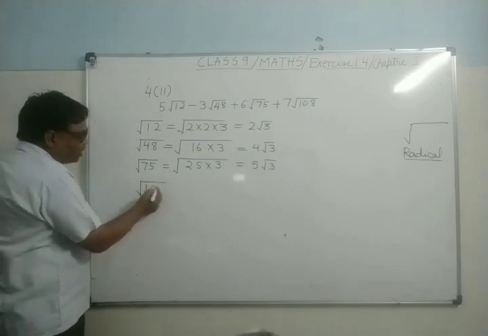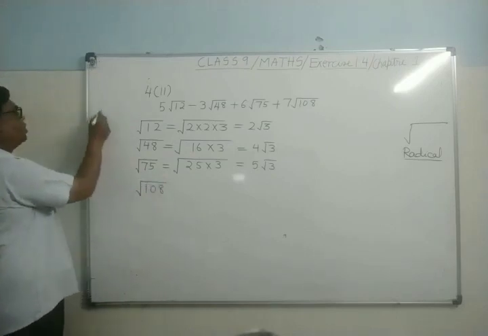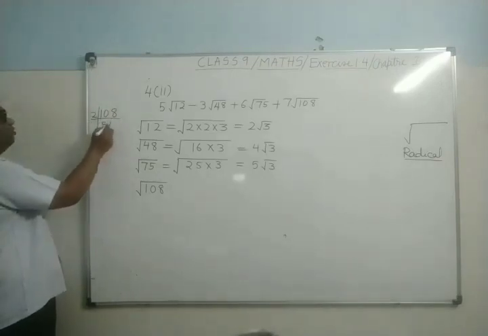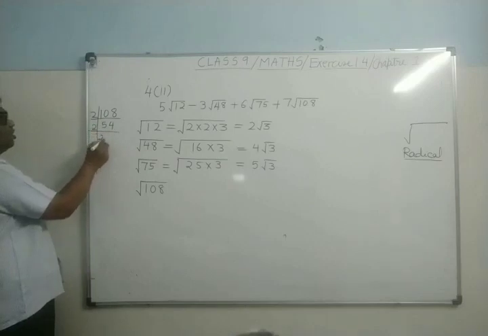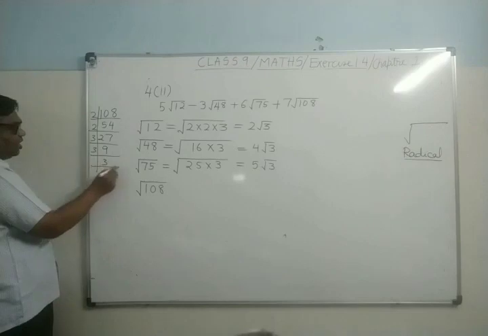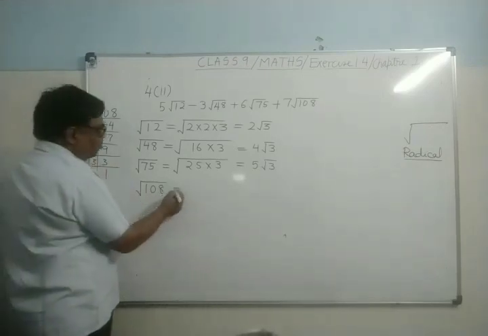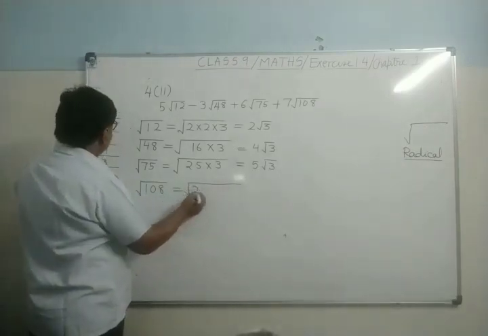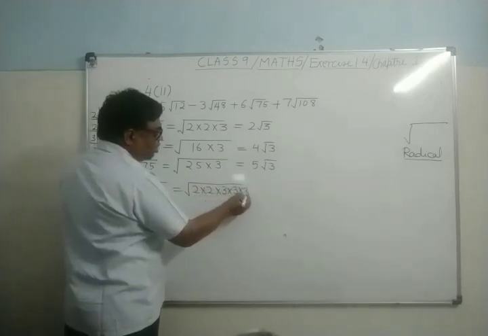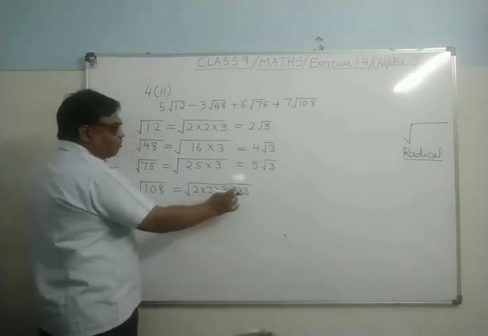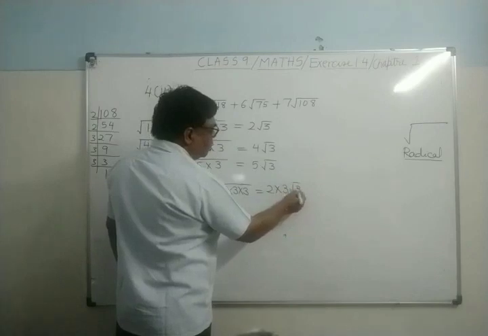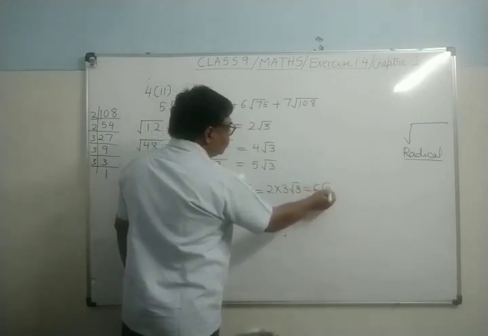For example, 108 we will determine by factorization. 108 is 2 into 54, then 2 into 27, then 3 into 9, then 3 into 3. So it will be equal to 2 into 2 into 3 into 3 into 3. One pair of 2 has formed, one pair of 3 has formed. So 2 into 3 root 3, that is 6 root 3.